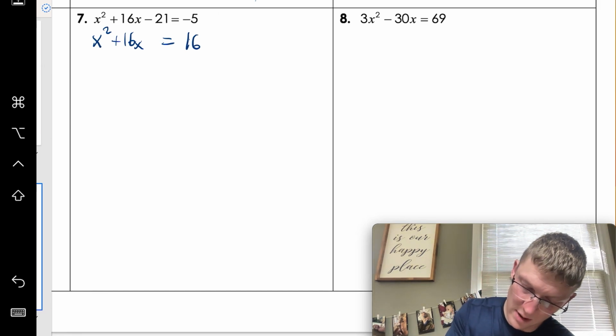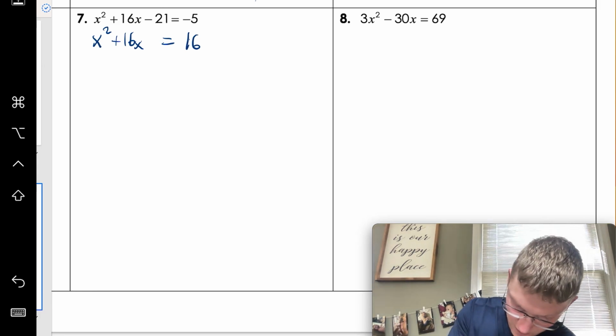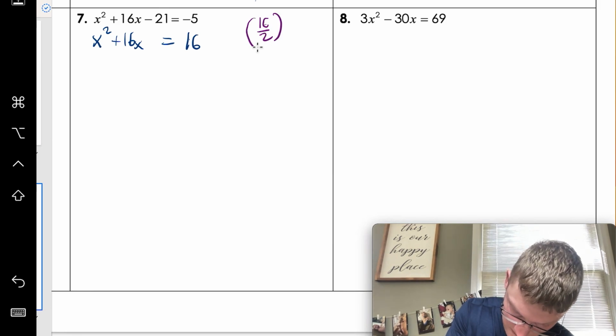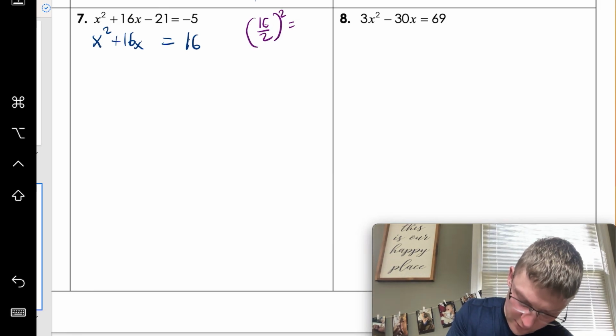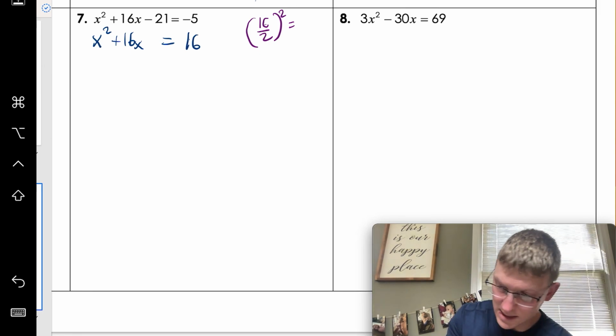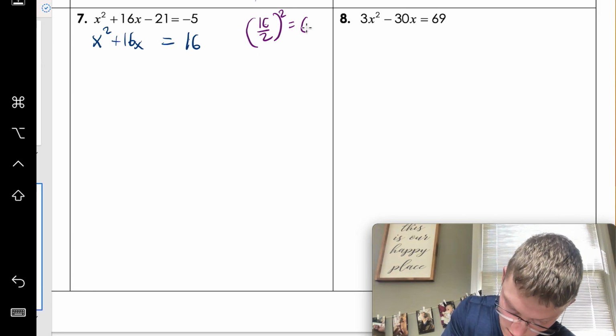Okay, so now we need to figure out what our b is going to be, or what our number we're going to add is. So we're going to take half of 16, 16 divided by 2, squared. So 16 divided by 2 is 8. 8 times 8 is 64.